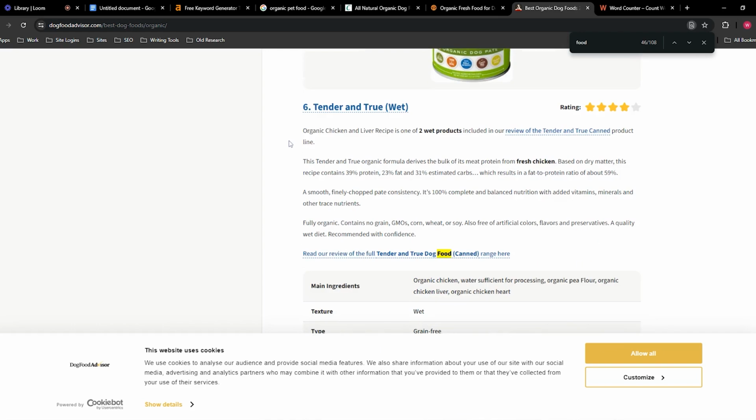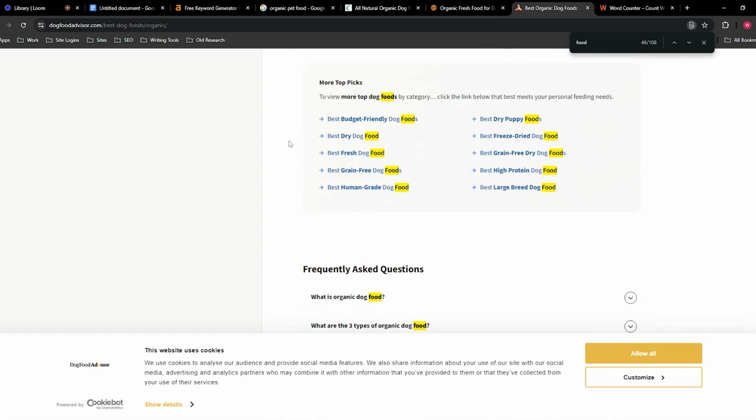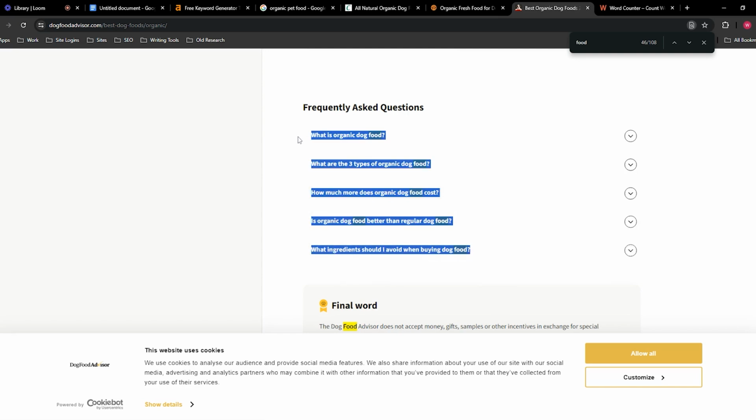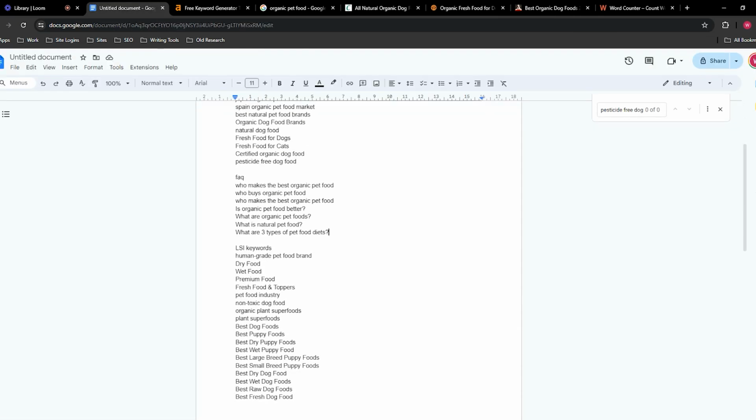They already have this section here, which also has these keywords. I think we have probably covered all of these in the LSI section, but they also have these questions here that we can possibly borrow, and we can see if we have them in our list.